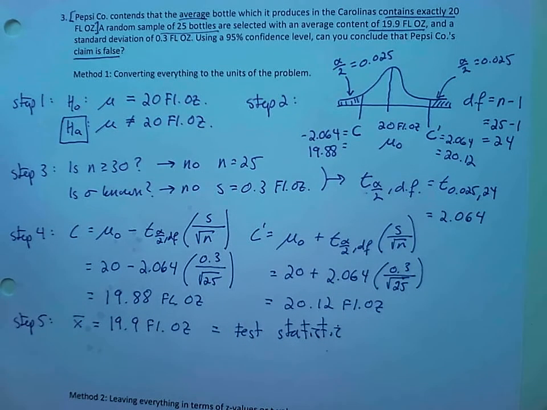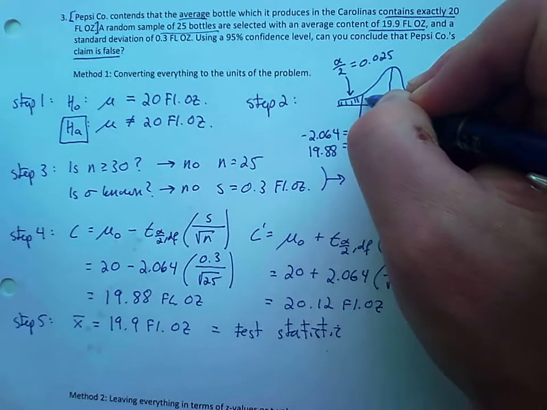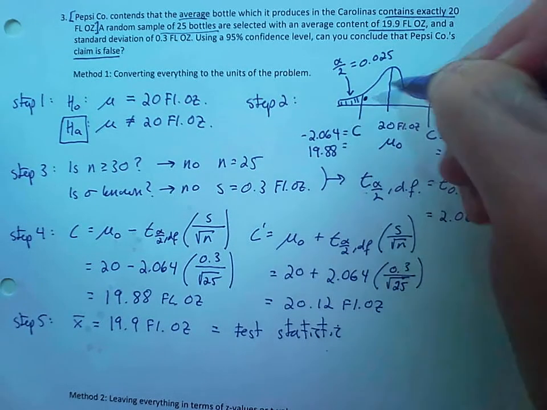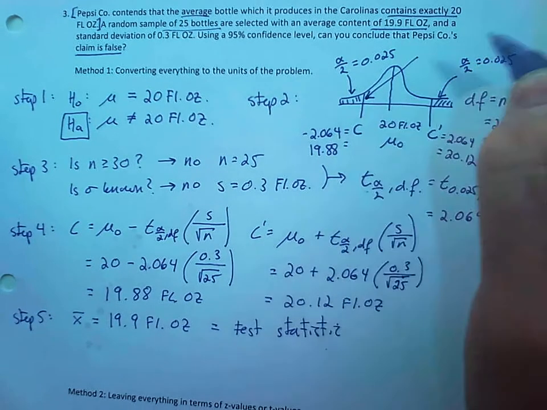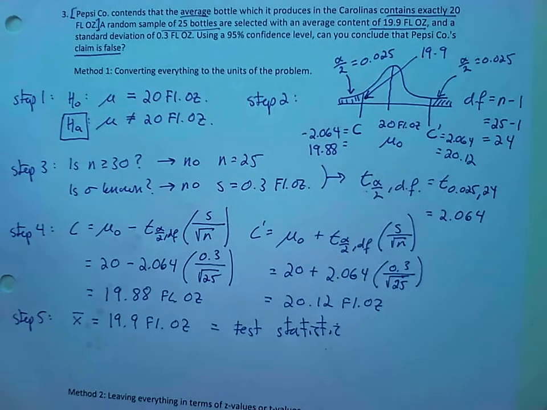And now we're going to see whether or not our test statistic falls within our rejection regions or not. Well, 19.9 fluid ounces is ever so slightly above 19.88 fluid ounces. So therefore, we are not in the rejection region. We're just above the left-hand side critical value, but below the right-hand side critical value.